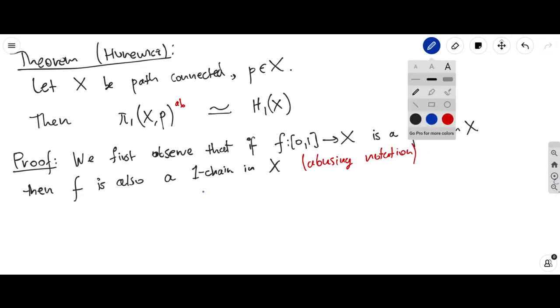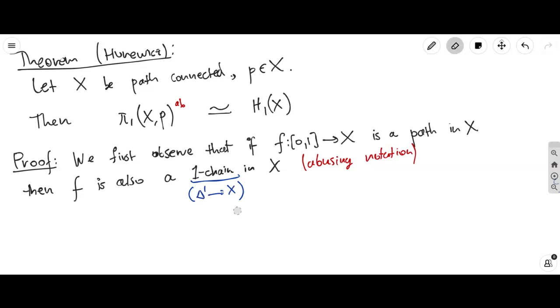So here we're abusing notation, because a one chain is a formal sum of mappings from the one simplex into X. Now, the interval and the one simplex are technically different things, but there's a homeomorphism between these two.